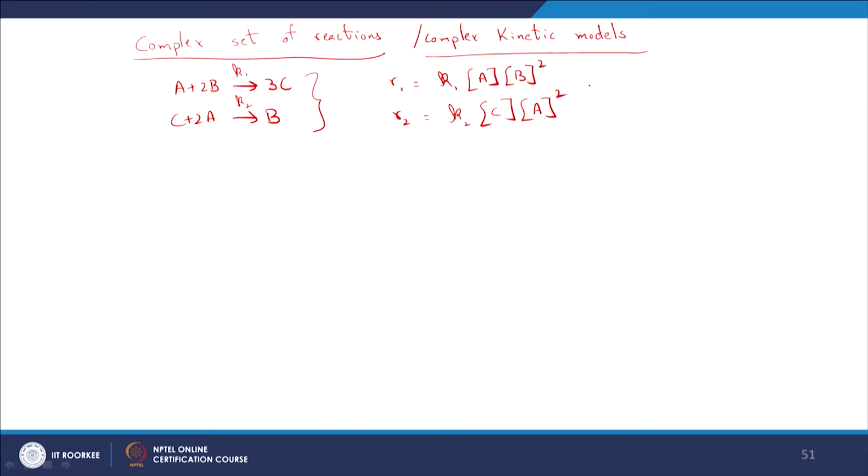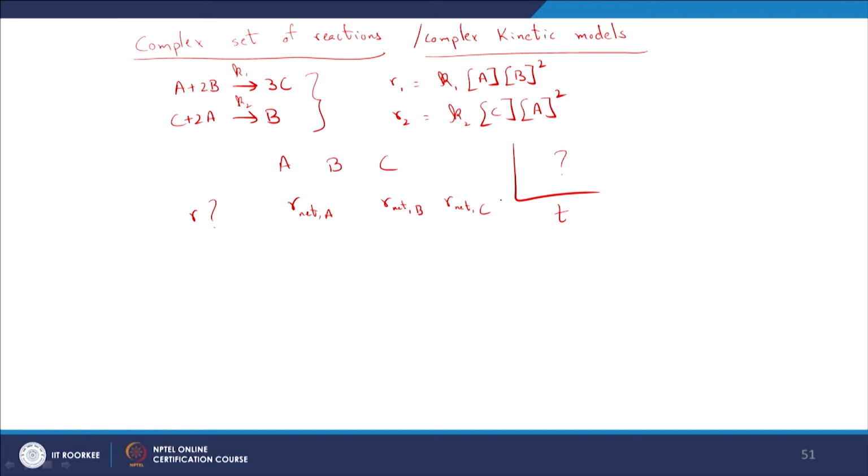But here let's say I'm not concerned with the rates of the reactions. I want to know how A, B and C change with respect to time. How do these concentrations change with time? For that I need to be able to model the relevant rates of the reactions. Now what is R net of A, R net of B, and R net of C, right?